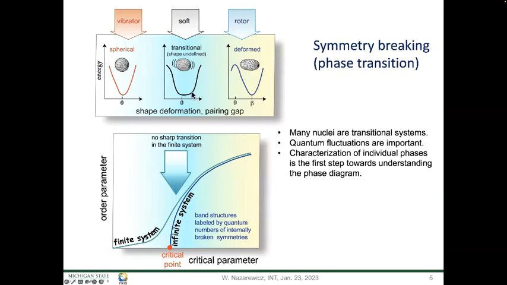And then between those two limits, you have very many nuclei which we call transitional, which do not have well developed deformations. Those energies are relatively soft. So there are many states with different deformations which have similar energies.